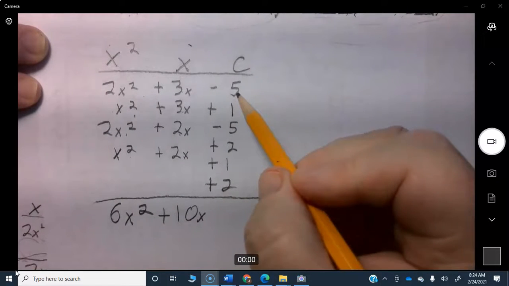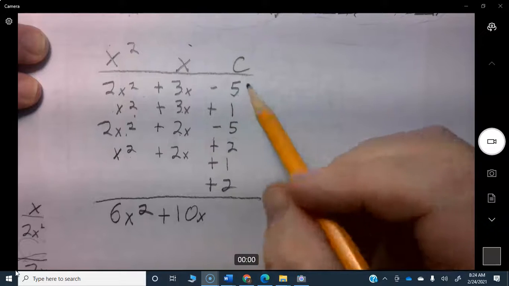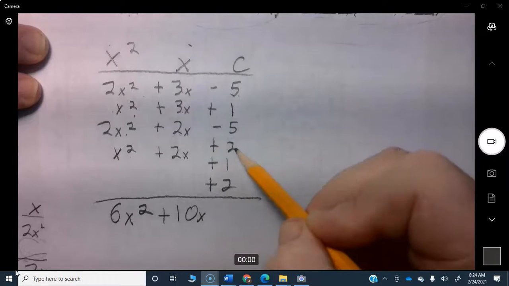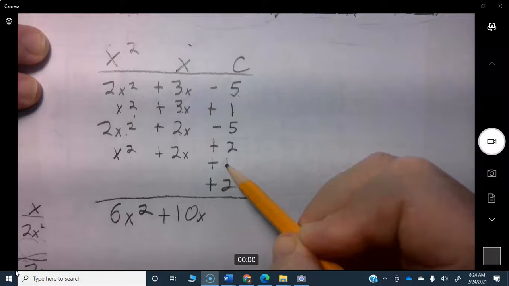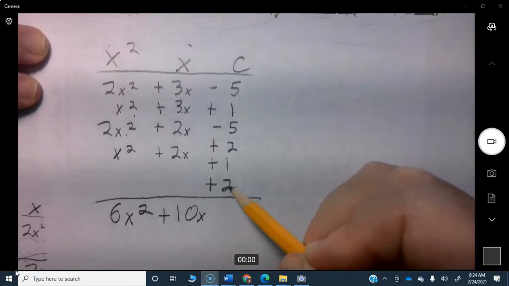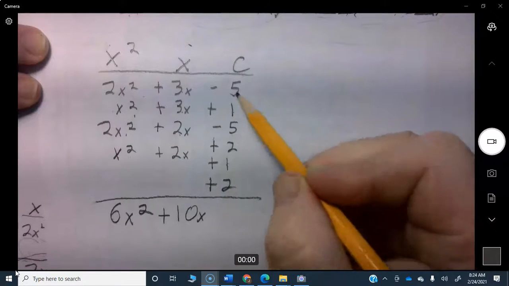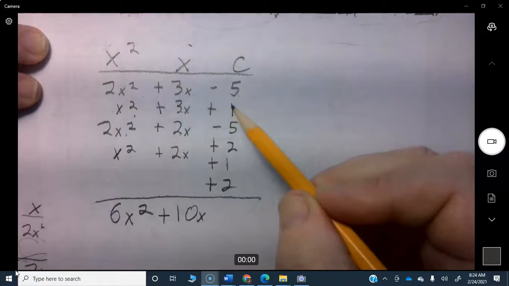And this one is negative 5. Let's do the positives first. 1 plus 2 is 3 plus 1 is 4 plus 2 is 6. And then you have a negative 5. Negative 5 is negative 10. So it's 6 minus 10.